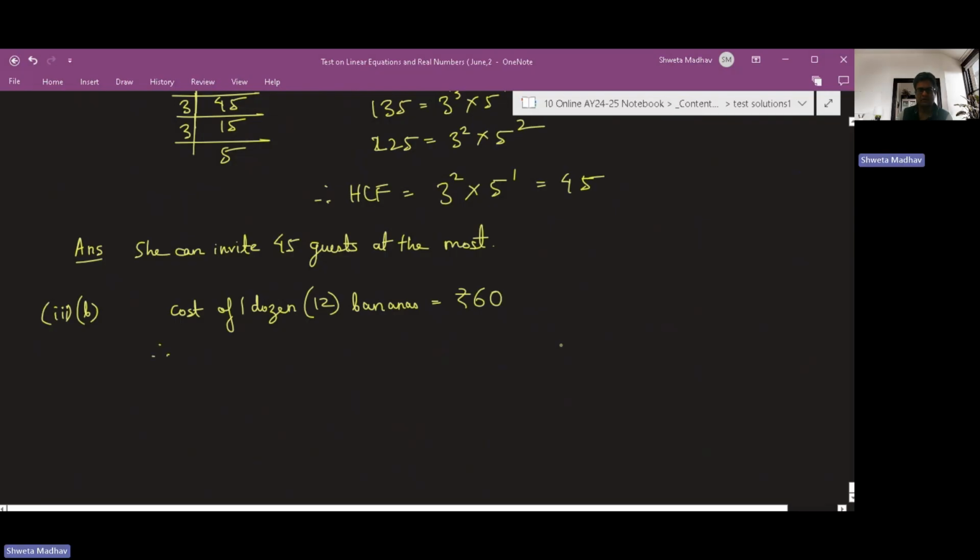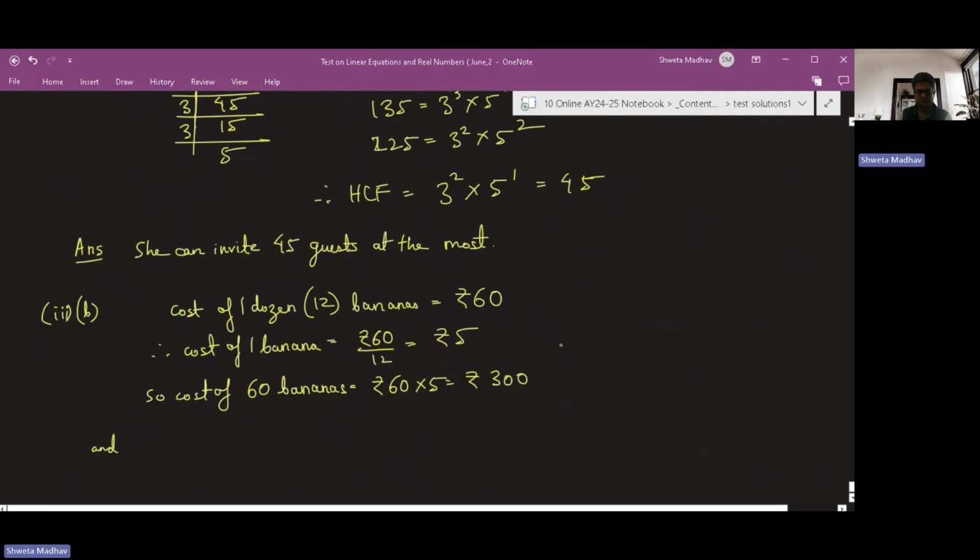So I can say the cost of one banana is rupees 60 by 12, that is rupees 5. So the cost of 60 bananas will be rupees 60 into 5, that is equal to rupees 300.